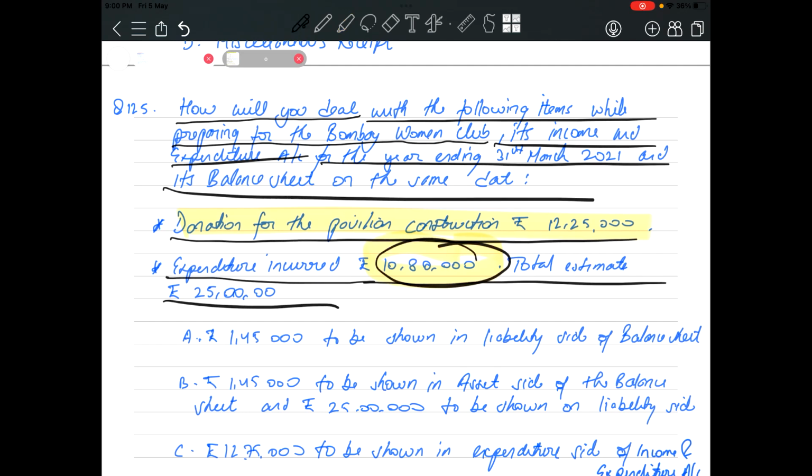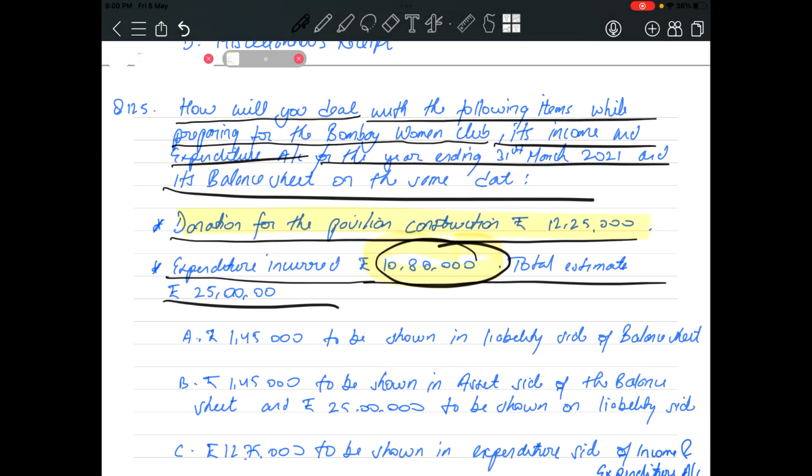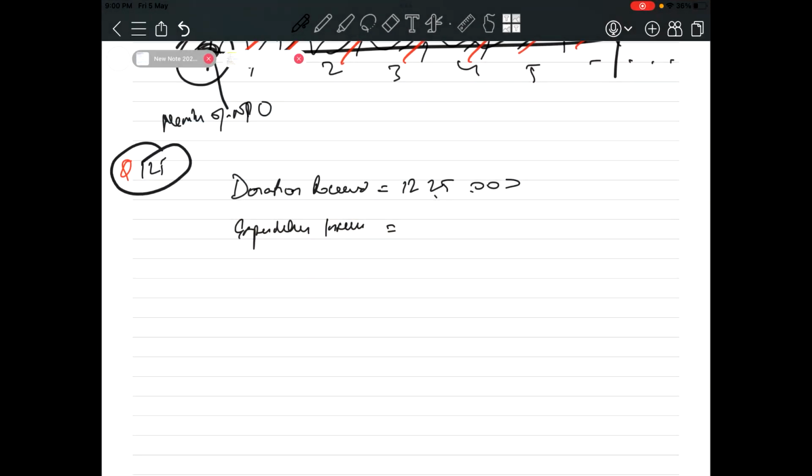The expenditure incurred is 10,80,000. Now what is the balance? 12,25,000 minus 10,80,000, so 1,45,000 is the balance amount.